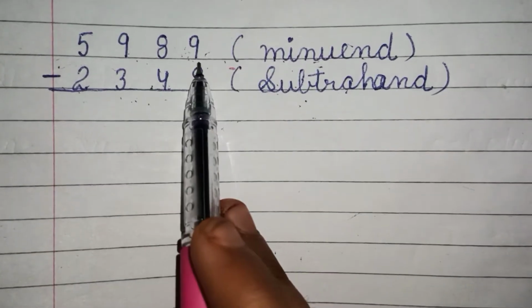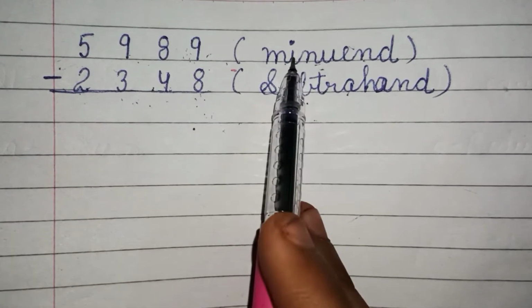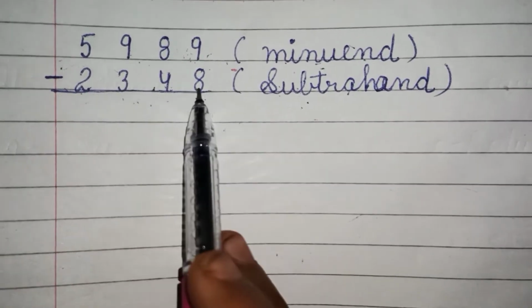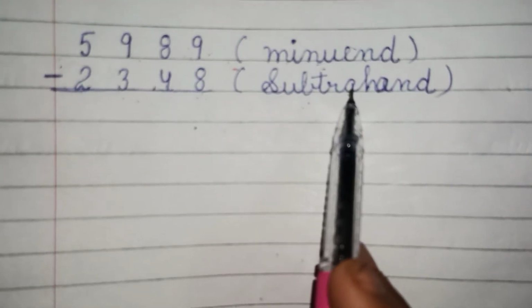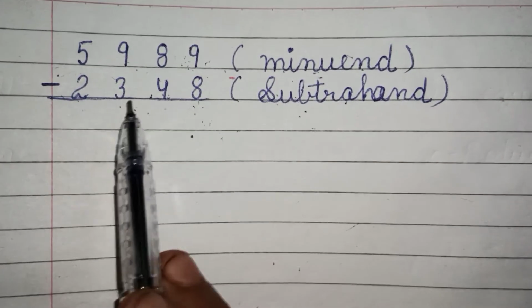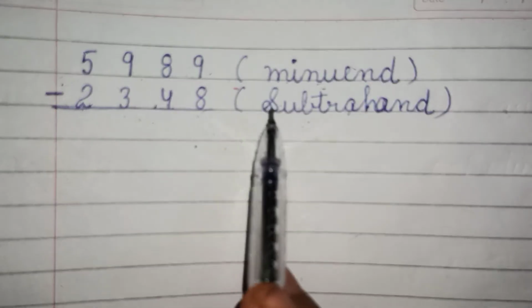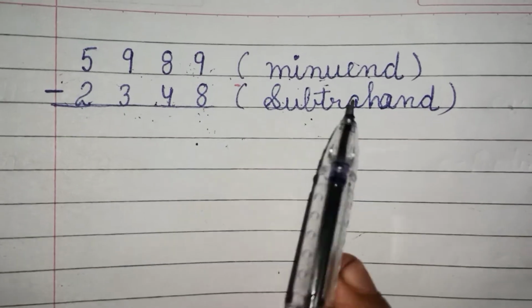So 5989 is the minuend, and the smaller number is called subtrahend. So 2348 is the subtrahend. Okay.